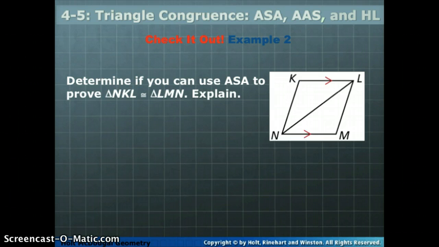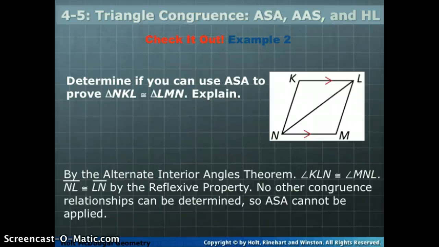The only other thing we have, if I want to find other pieces that are congruent, is that I do see again that the triangles are sharing a side. So by reflexive, NL from this triangle is congruent to NL from this triangle. So we have a set of sides and a set of angles, but do we have any other angles? We don't. So we cannot say that the triangles are congruent because we don't have enough information.